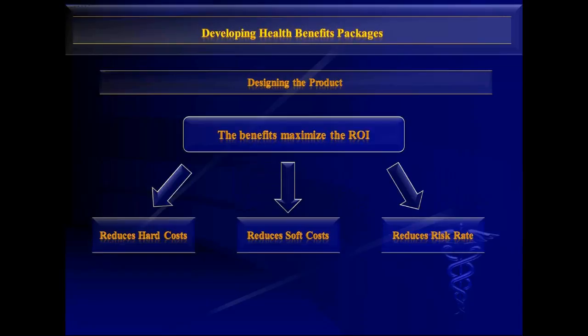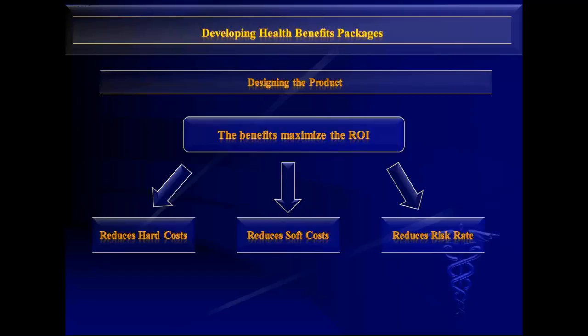Reducing the hard costs would be instead of paying full out cash compensation, we'll pay cashless compensation. Reducing the soft costs would be either trying to reduce our turnover costs or trying to reduce absentee costs. And reducing the risk rate typically would involve reducing the risk to the rate of productivity.